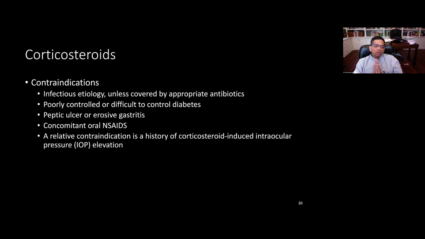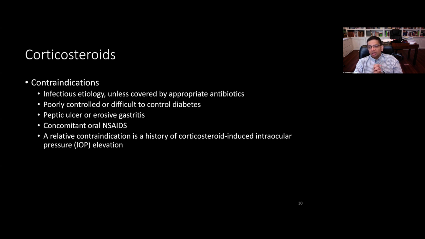And if the patient has poorly controlled diabetes, that's a significant contraindication, especially a brittle diabetic who's insulin dependent. Those patients can be thrown into a non-ketotic hyperglycemic coma from corticosteroids. Blood sugars can go up to 600 to 800 milligrams per deciliter. So very, very high levels of sugars.